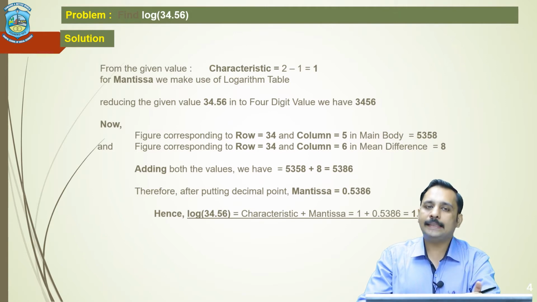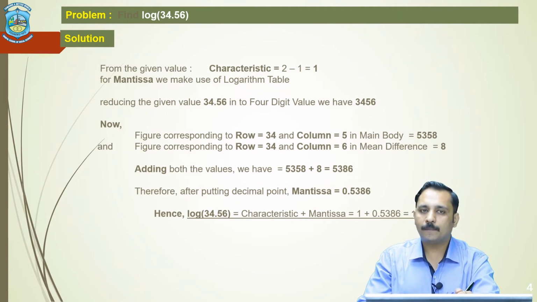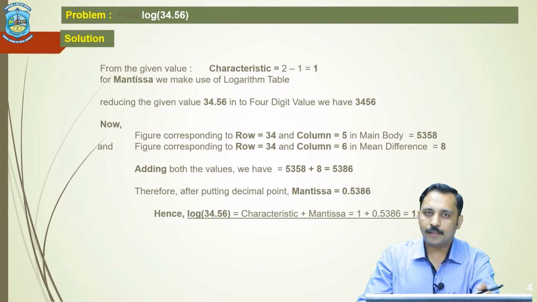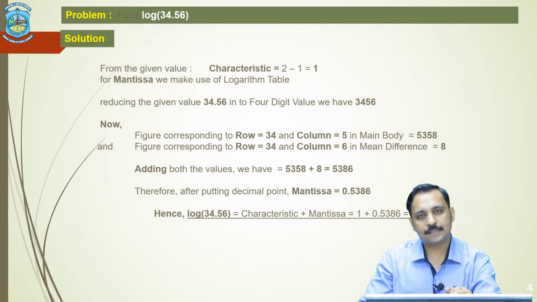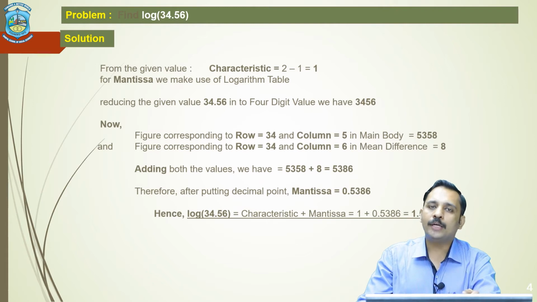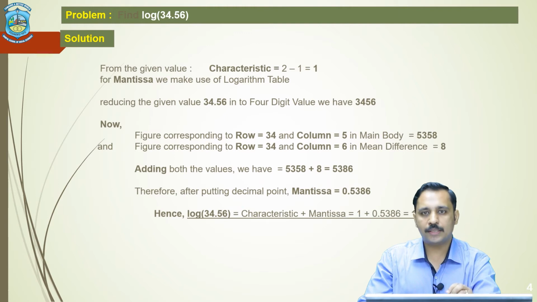Now, for mantissa, we make use of log table. Now we reduce the given number into a 4-digit value as 3, 4, 5 and 6, ignoring the decimal point. Now in the log table, the figure corresponding to row number 34 and column number 5, the value is 5338. We note down this value.